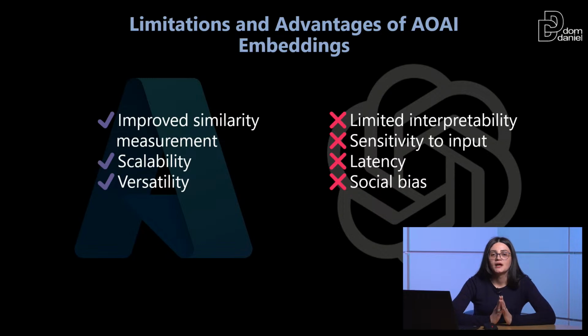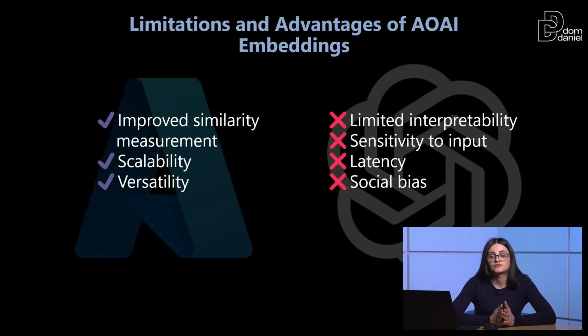Among the limitations to consider is limited interpretability, as vector representations generated by these embeddings sometimes may be difficult to interpret, as they exist in high-dimensional spaces. And also, these models can be sensitive to the nature and quality of the input data, which means they are susceptible to issues such as social bias or noise, for example, which can sometimes be harmful.